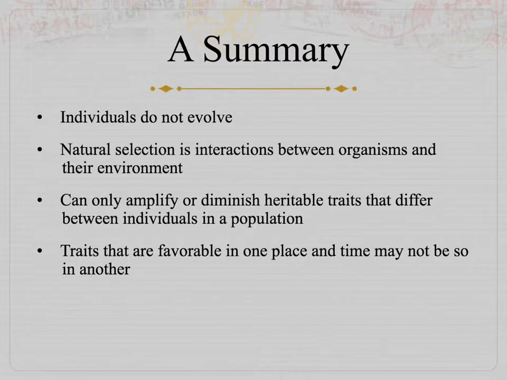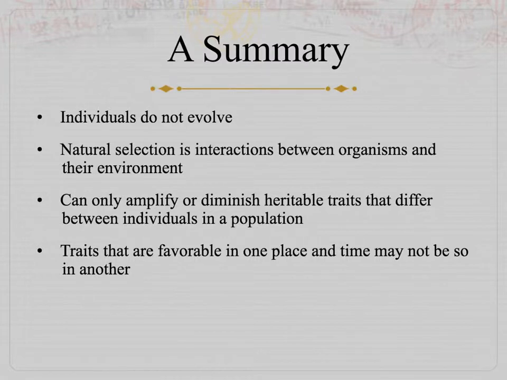Okay, so finally, in summary, individuals do not evolve. Natural selection works on populations and interactions between the organisms and their environment. Traits that are favorable in one environment may not be favorable in another environment or in another time in our history.